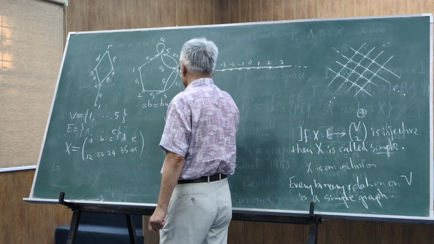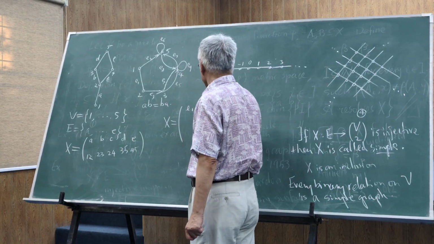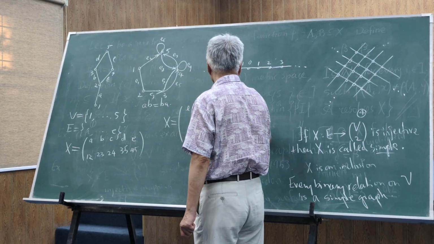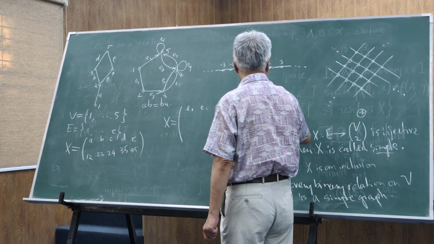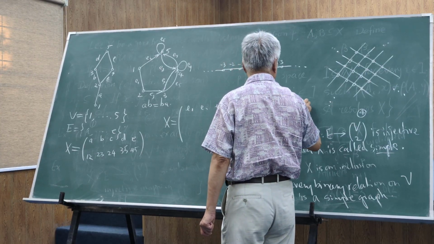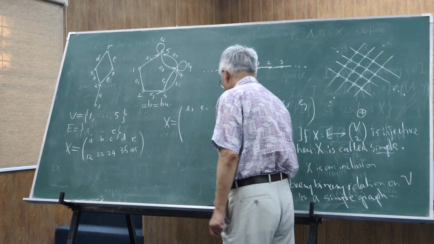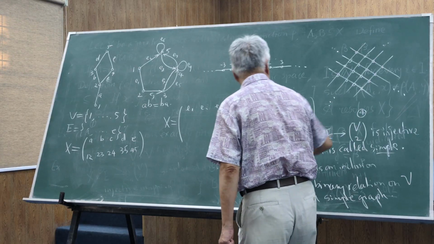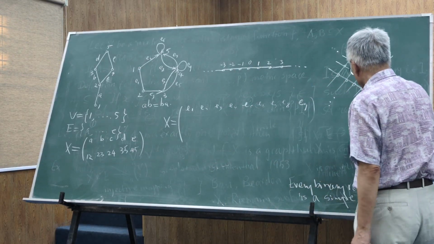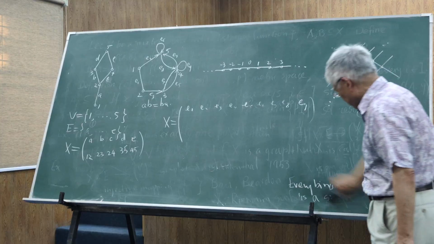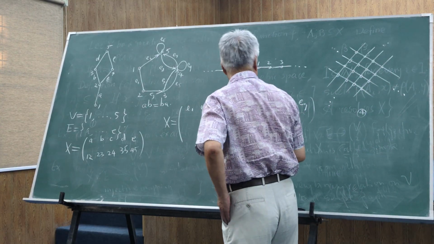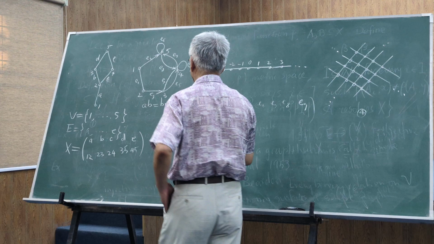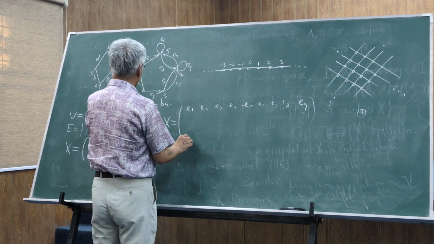So X is equal to E1, E2, E3, E4, E5, E6, E7, E8, E9. And we give the image under each element. Usually finite markings are written in this notation. E1 is 1, 2.